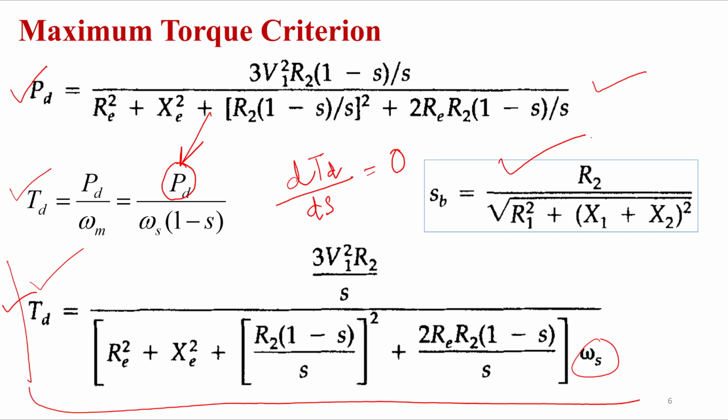Okay, so this is your maximum torque criterion. So where the torque will be maximum, TD. After substituting this Sb here in the TD equation, we'll get the maximum torque, the expression for maximum torque. That also you can do.